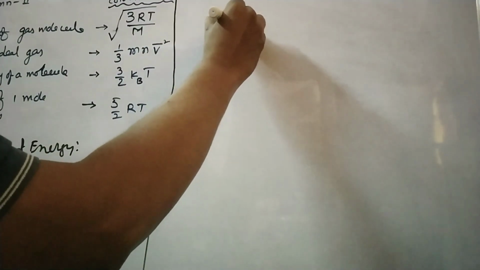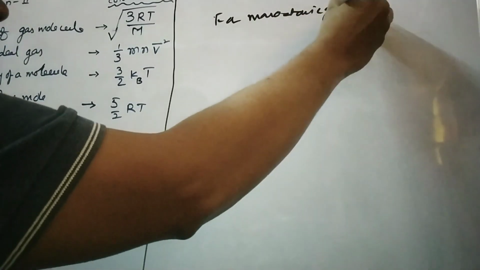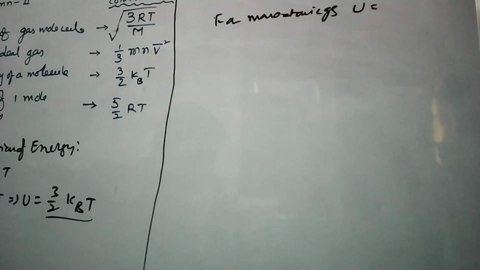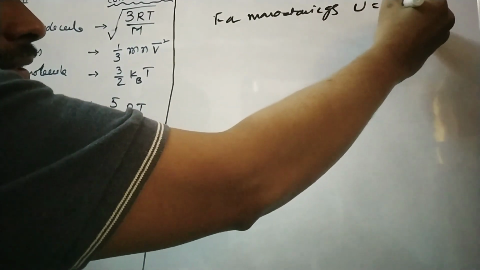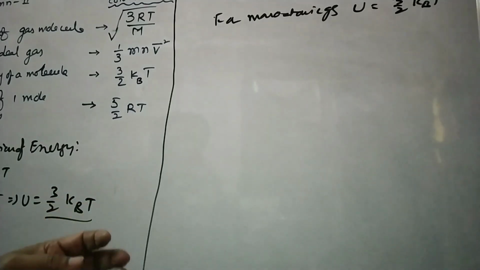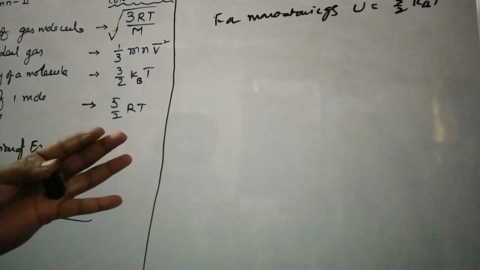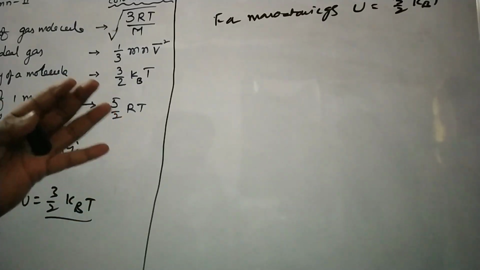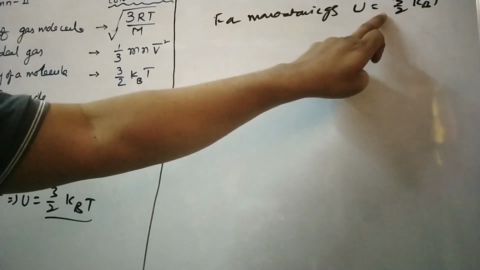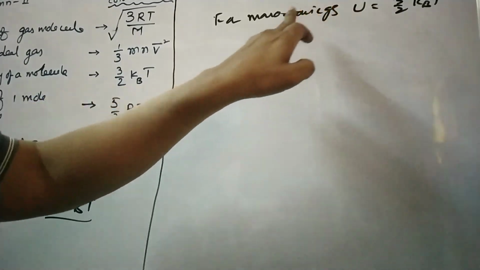For monoatomic gas, the total internal energy contributed by each molecule is 3 by 2 kBT, because monoatomic gas molecules are free to move, there is no restriction. To specify the location in space you require 3 degrees of freedom, so 3 into 1 by 2 kBT.